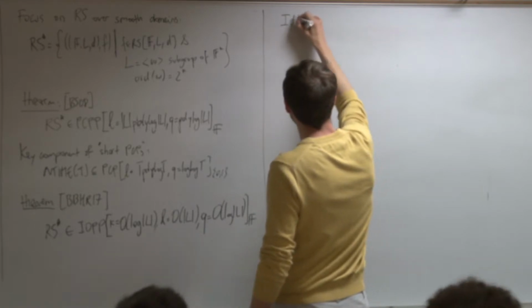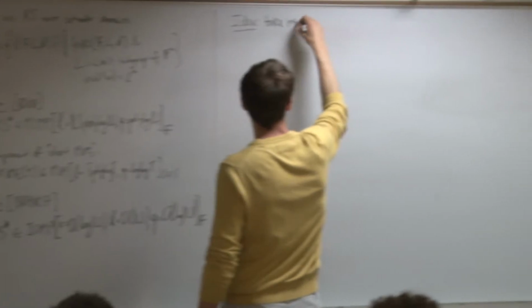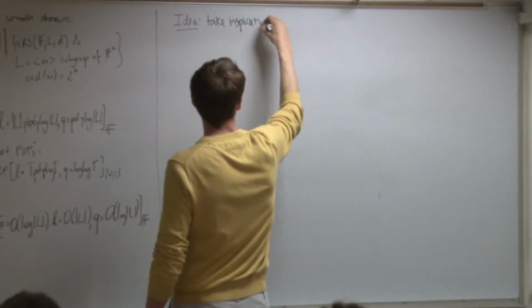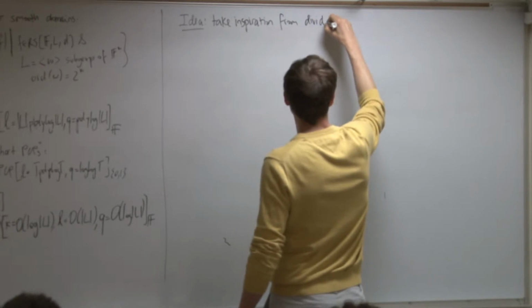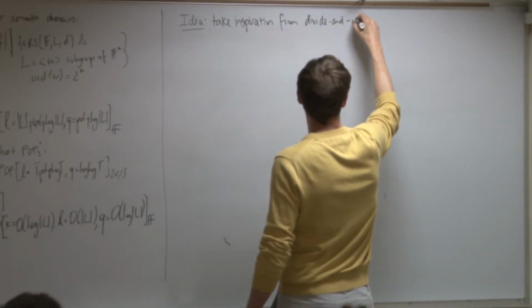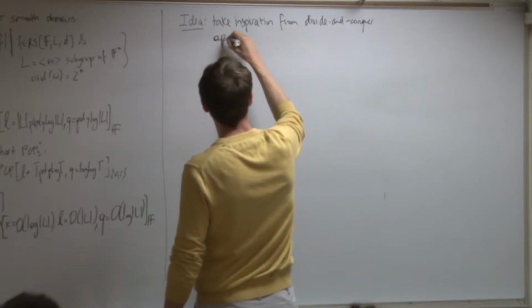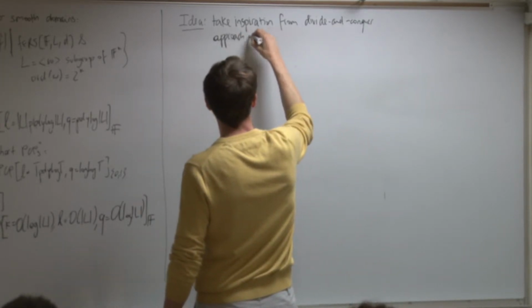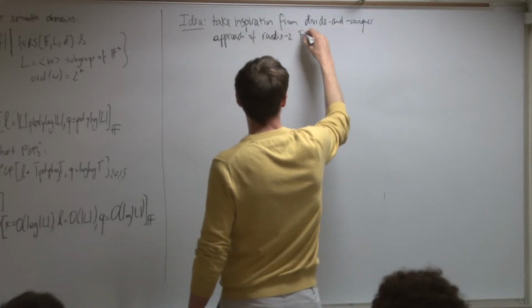So the key idea is basically to take inspiration from the divide and conquer approach of the radix-2 fast Fourier transform.